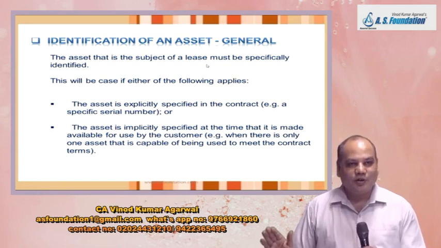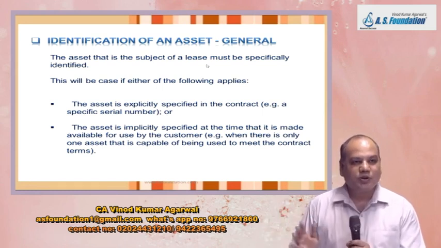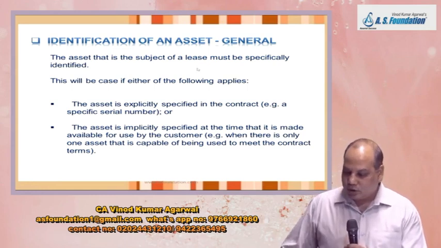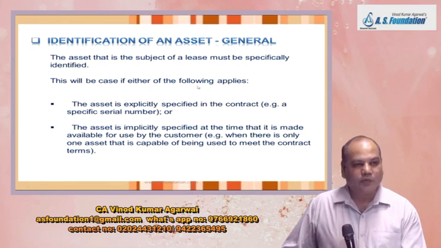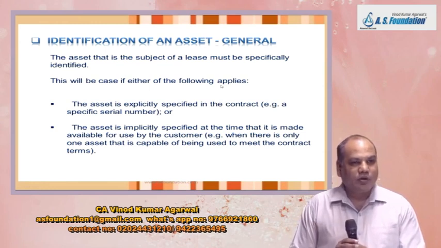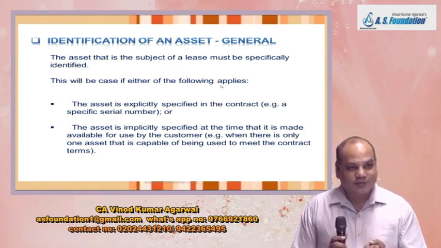What you are taking on lease must be specifically identified. And this will be the case if either of the following applies. We are going to take some problems also after some discussion. Then you have to identify the asset.